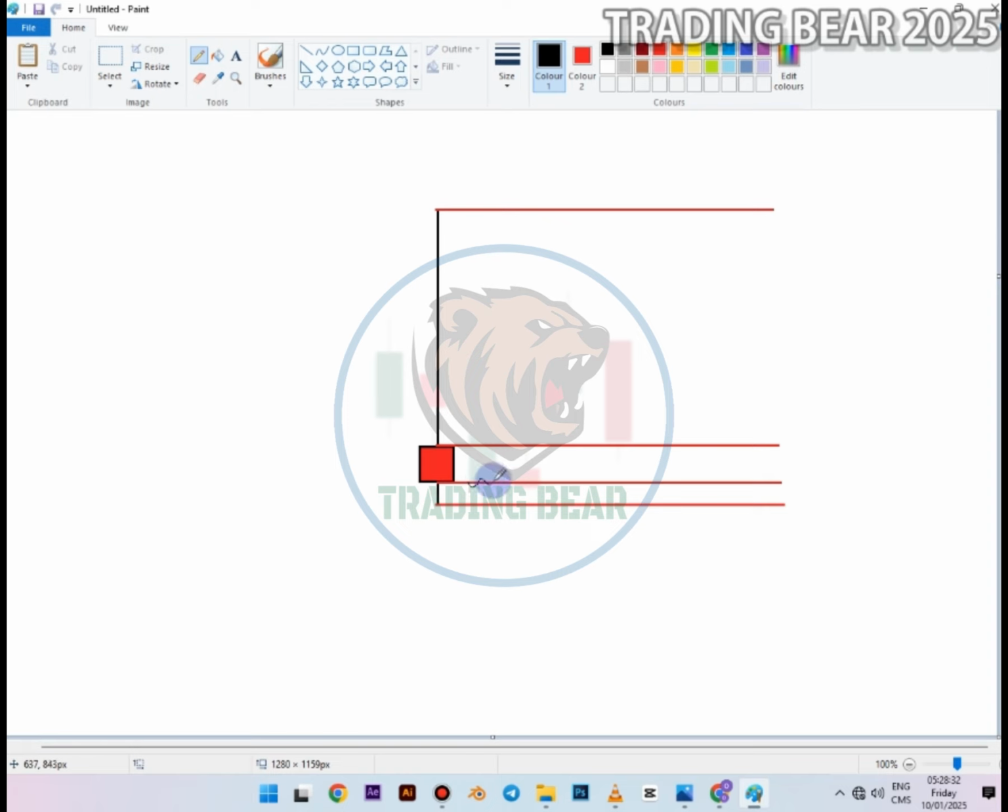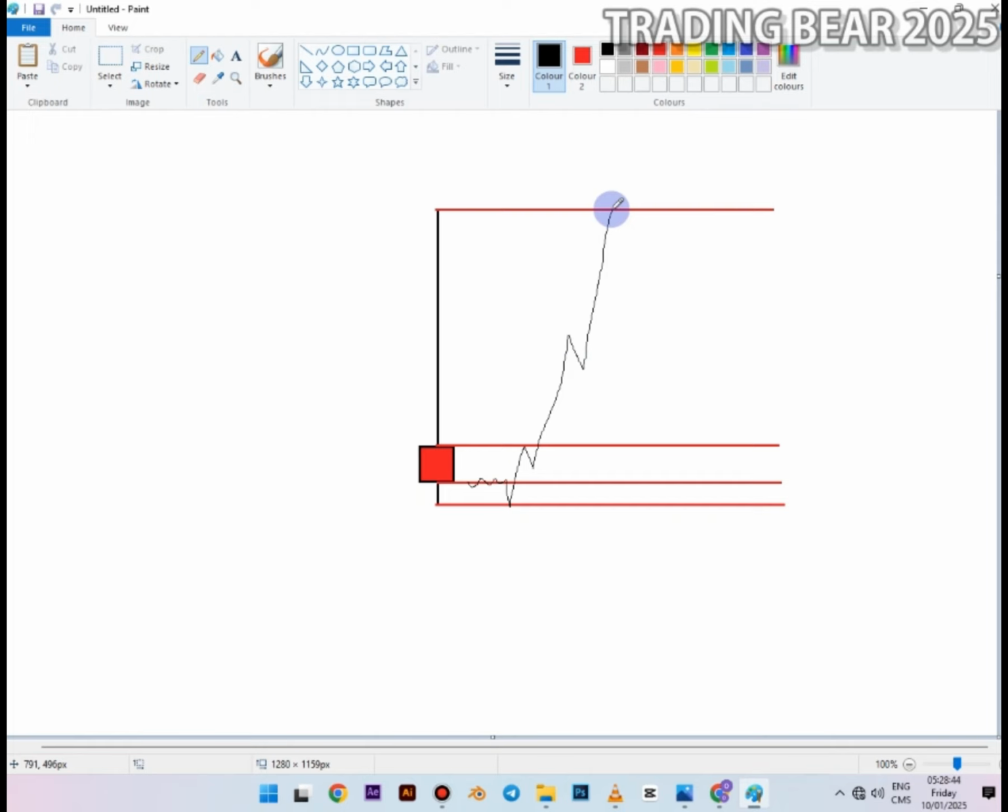So price opened from here, then it went up to this level, and then it started pushing higher and higher and higher. Then it went up to here, and then it dropped lower and lower up to this level, and then maybe it consolidated in, and then it closed.